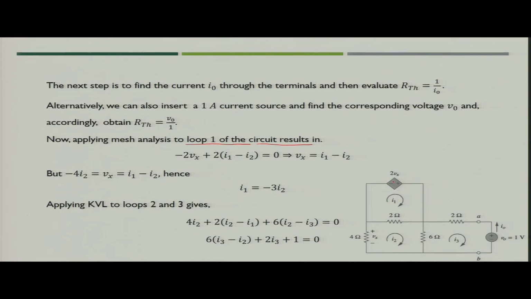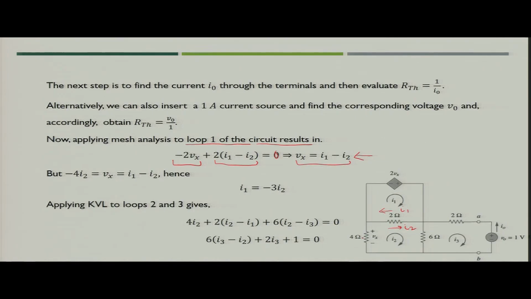So, when you solve, since it is going from minus to plus across the dependent voltage source, it will become minus 2 Vx plus 2 times I1 minus I2, because I1 is going in this direction while I2 is in this direction. So, this will become 2 times I1 minus I2 and finally equal to 0. When you simplify, you will get Vx is nothing but I1 minus I2.